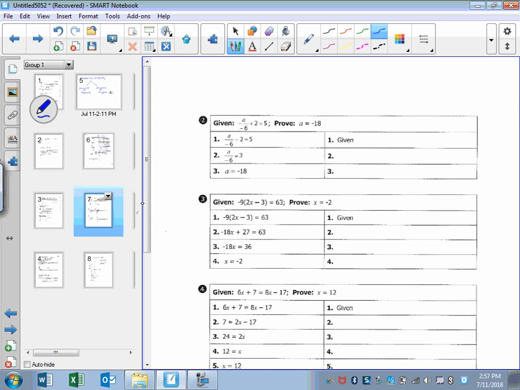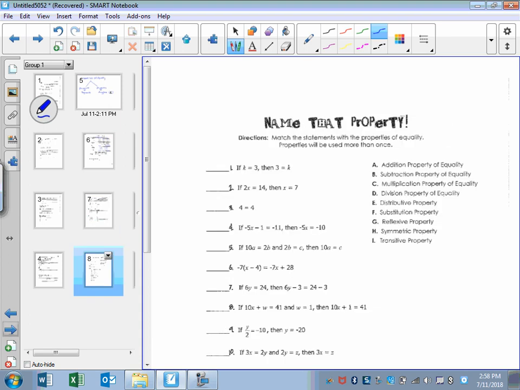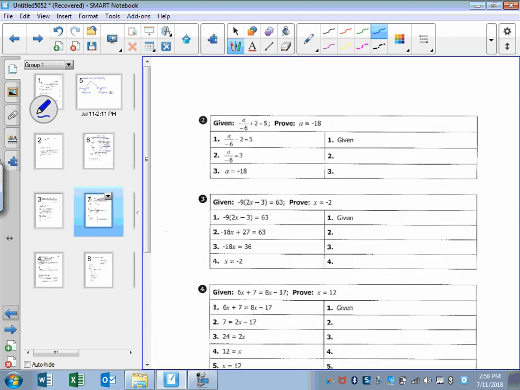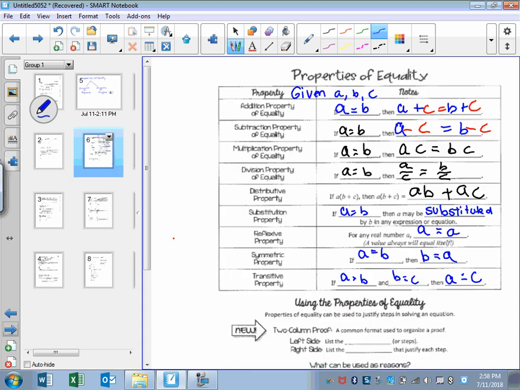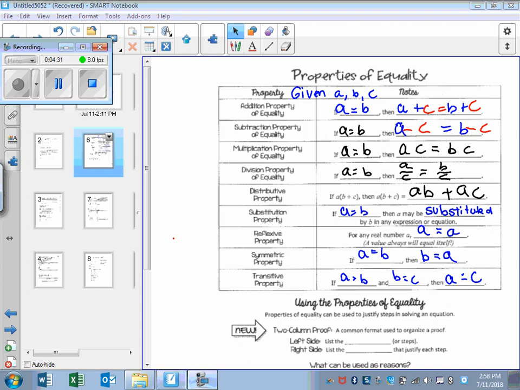I will be doing number 1, number 2, and number 3 with you. You have to do 4 and 5. So take a minute, get ready.